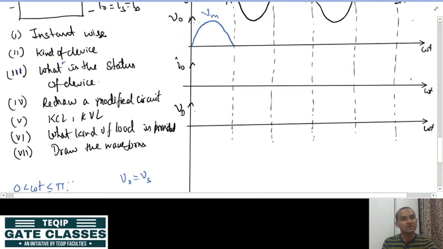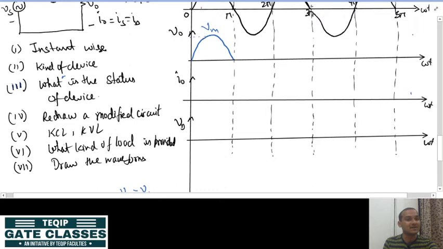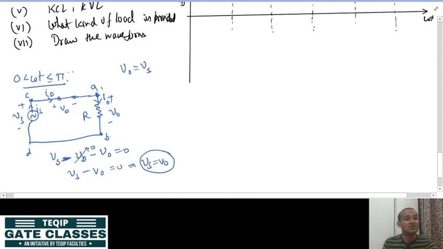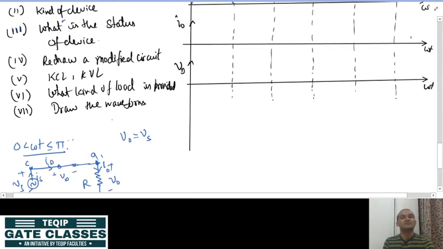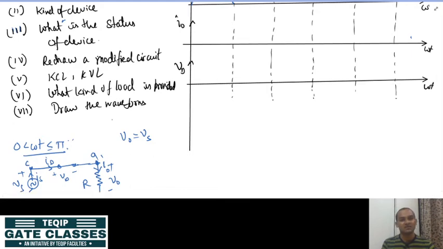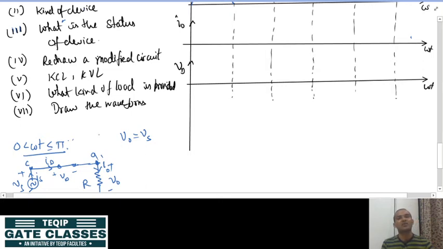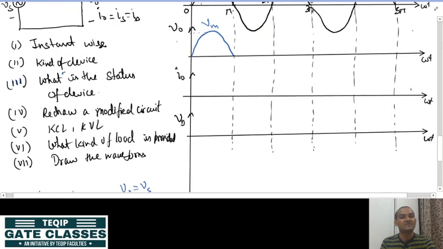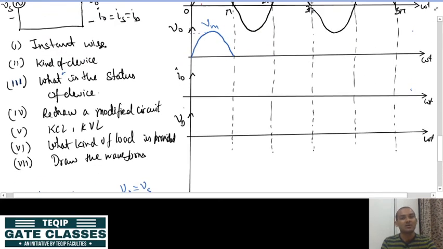Now, load is also there. Now, we have to see the sixth step. What is that? What kind of load is provided? We are seeing here that the load provided is a resistive load, and we know that resistance is not a storage element, it does not try to modify the circuit, alright. In case of resistance, voltage and current are in the same phase. So, obviously the load current will be of the same nature as the source voltage and the load voltage.